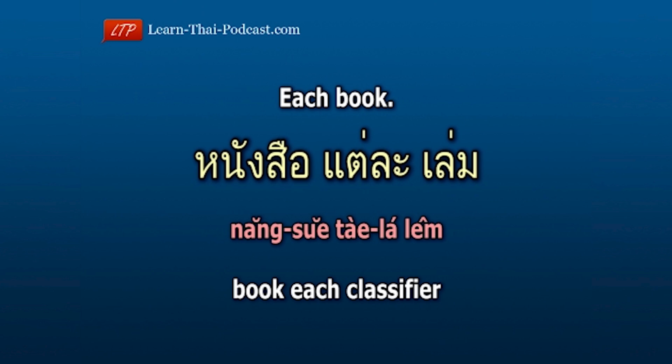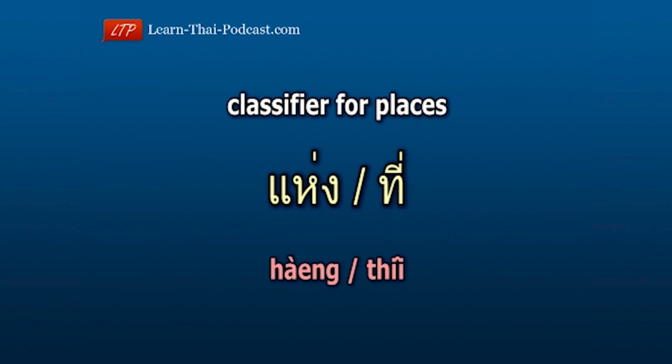Okay, this is how you construct sentences with classifiers. In the next part of this lesson, you will learn a lot of different classifiers for different things. Here's the classifier for places, แห่ง or ที่. It makes no difference which of these two words you use.